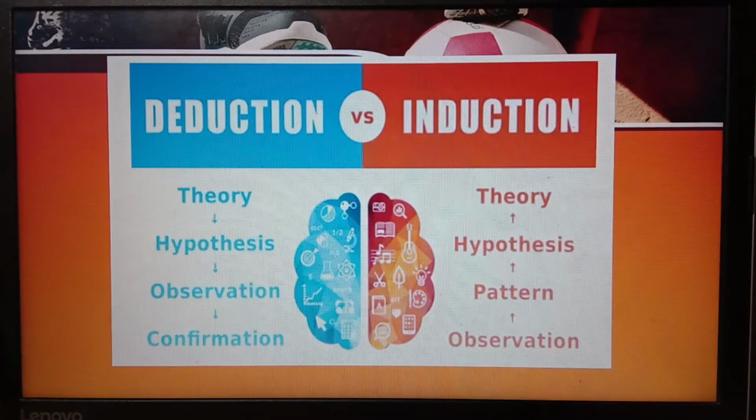Induction, on the other hand, starts with lots of observation. If you see a particular pattern, from that pattern you hypothesize and then go to the theory. This is another explanation of the difference between deduction and induction.